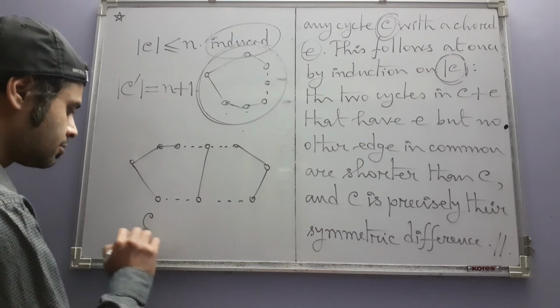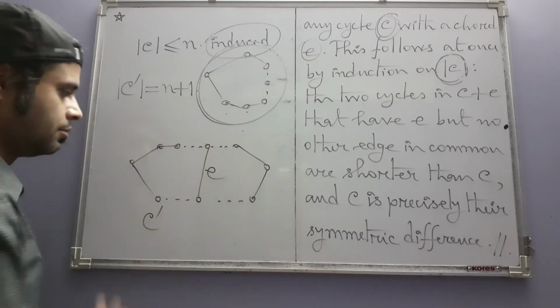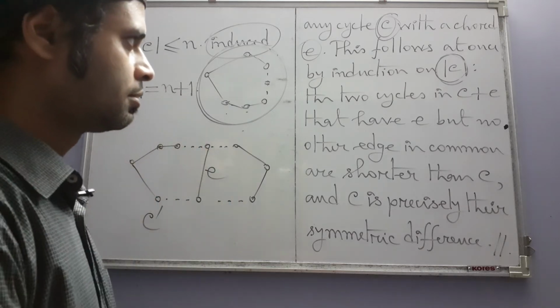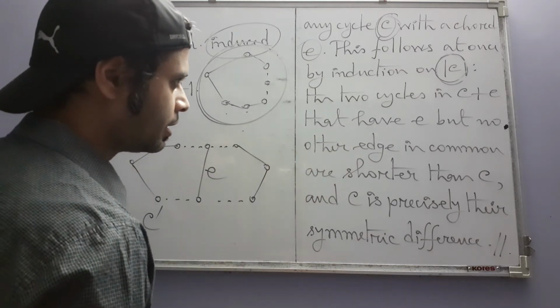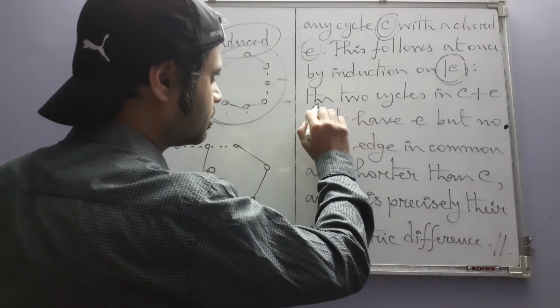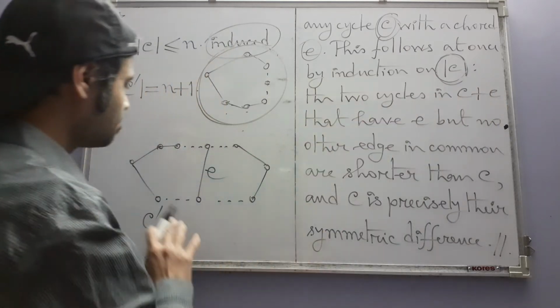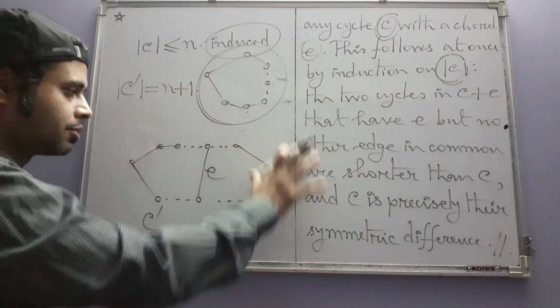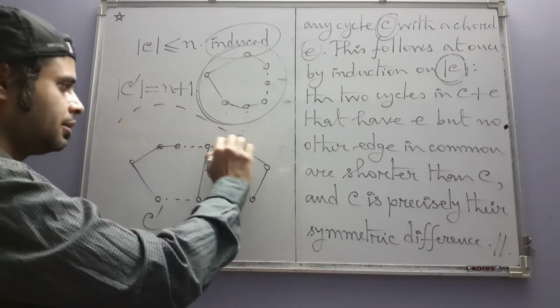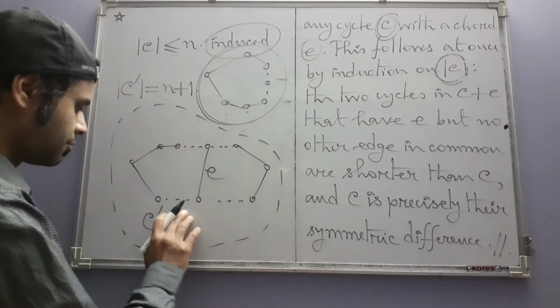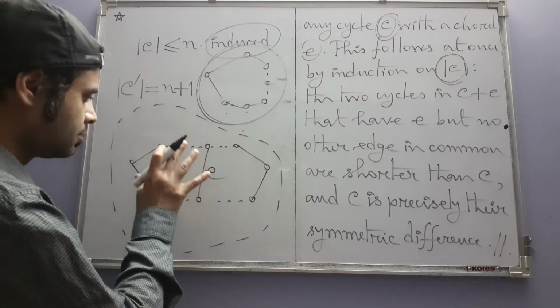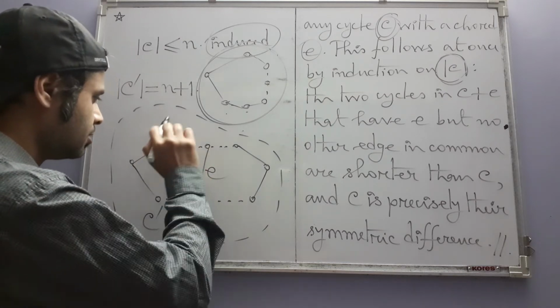So this is your C prime and this is E. Now, what the author is saying here is that the two cycles in C plus E is this subgraph. We may actually be in the original graph, which is maybe much larger than this, but we are concentrating on this cycle with chord.